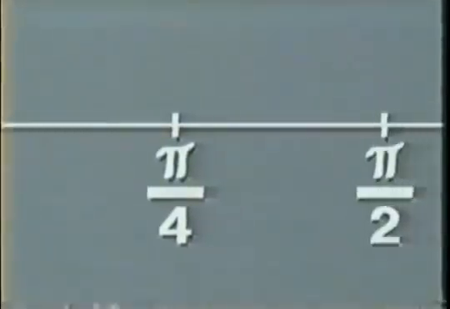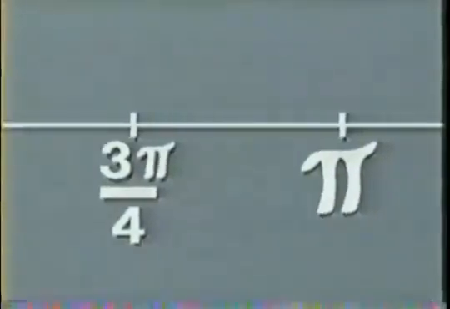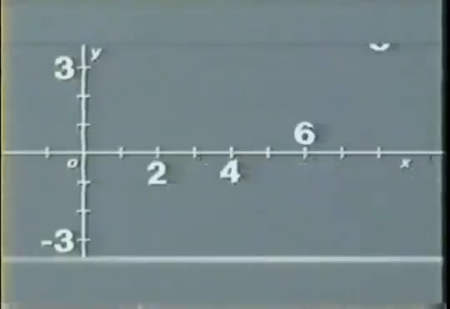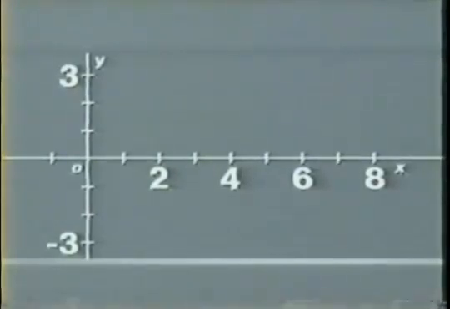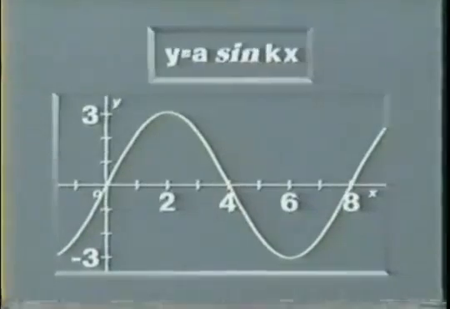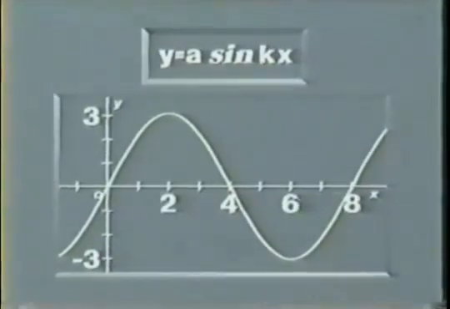Up till now, we've labeled the x-axis in terms of pi. Now it's labeled with simple integers, and we can still find the equation for a curve. Using y equals a sine kx as a model, a is 3.